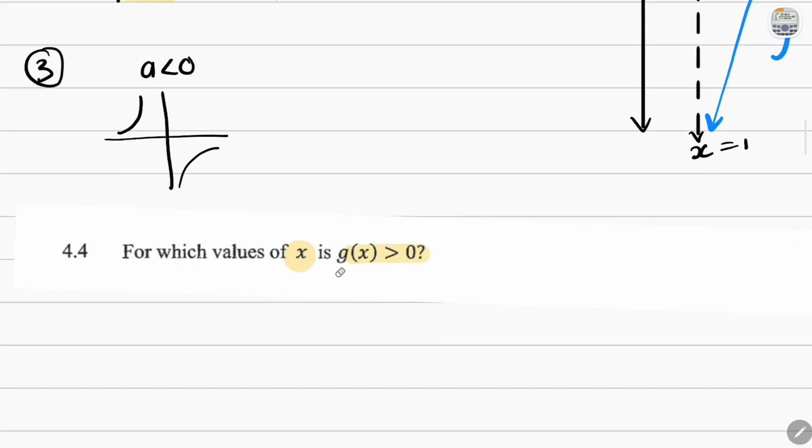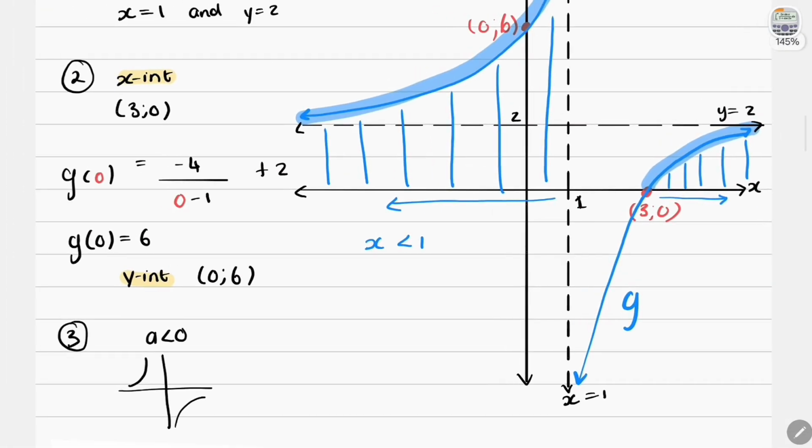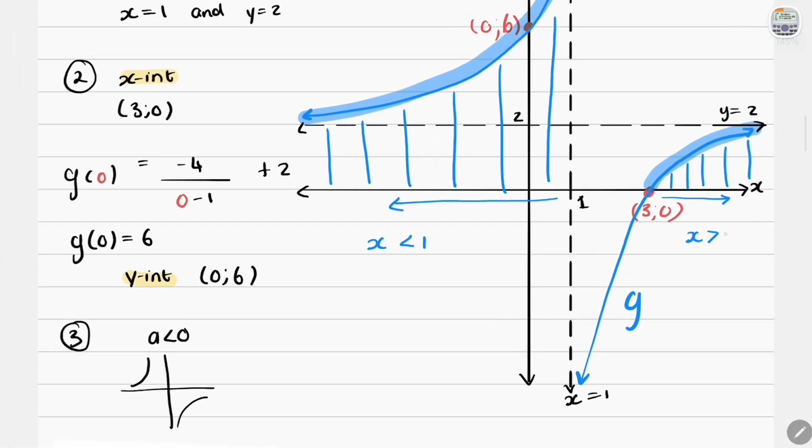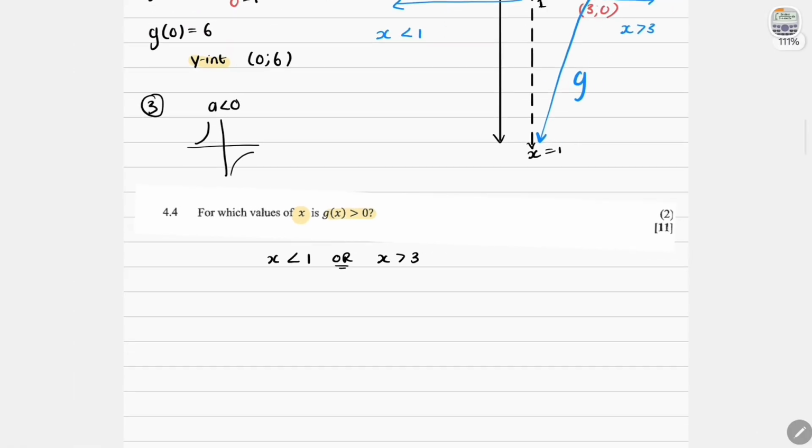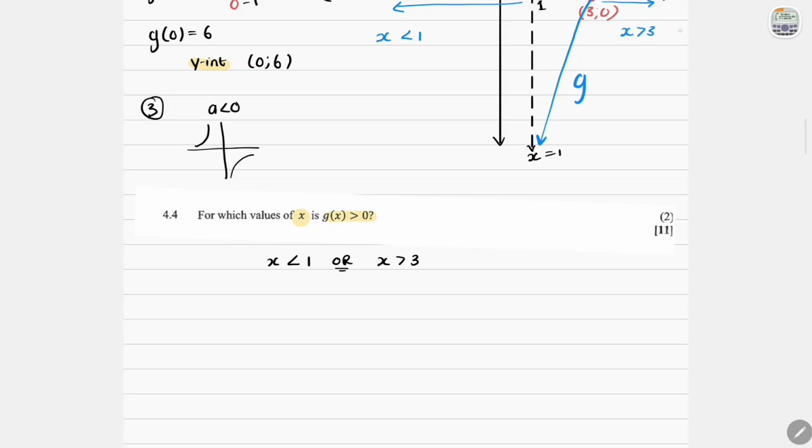And they only said they want y values greater than 0, not equal to 0. Okay, so this will be x is greater than 3. So those are our answers. We can simply tell them x is less than 1 or x is greater than 3. And that is it for question 4.